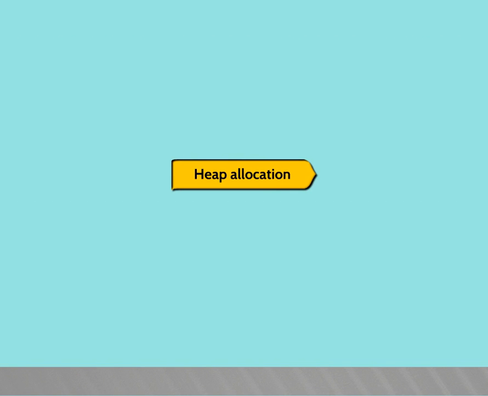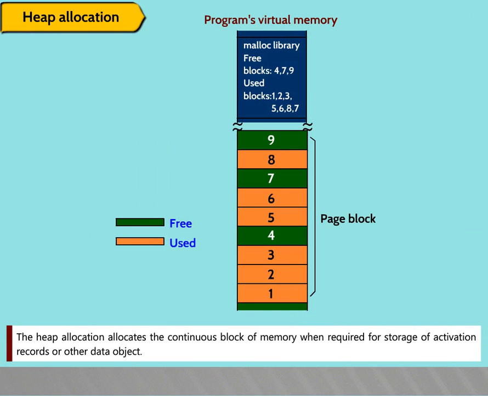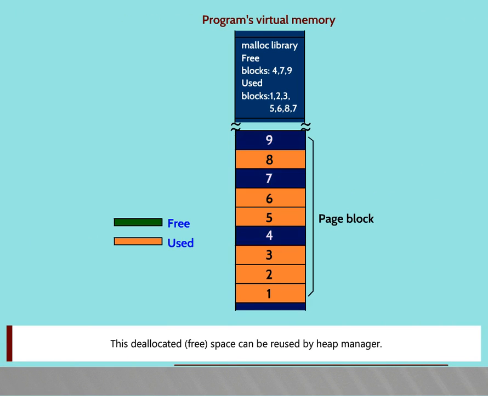Heap allocation. The heap allocation allocates a continuous block of memory when required for storage of activation records or other data objects. The deallocated, that is, free space, can be reused by the heap manager.